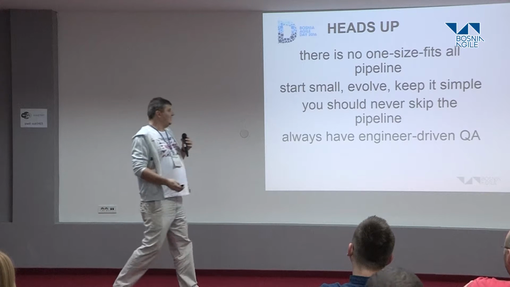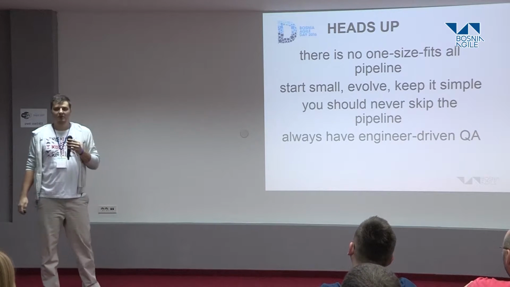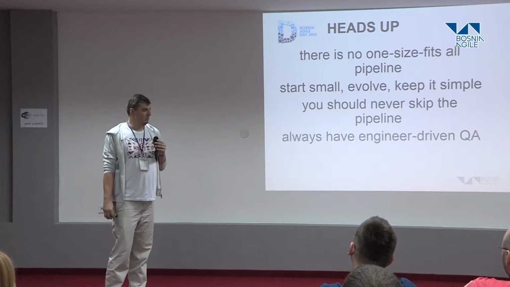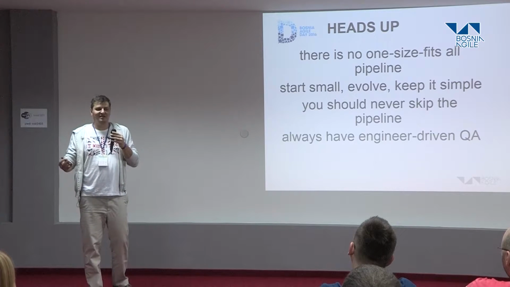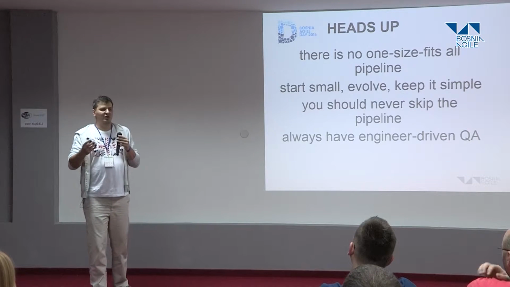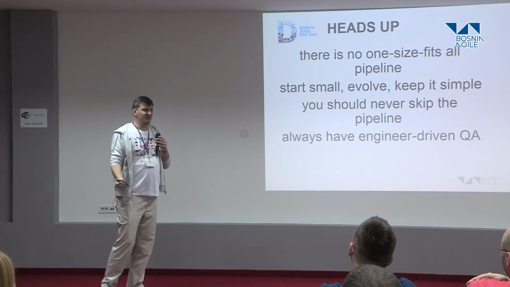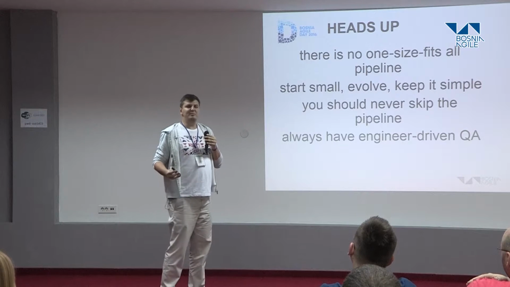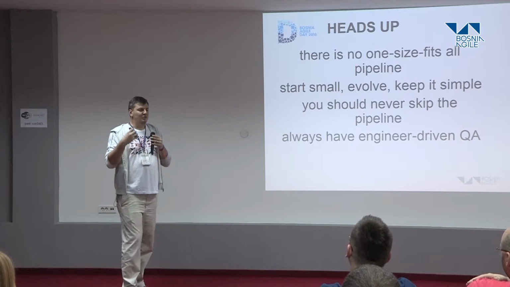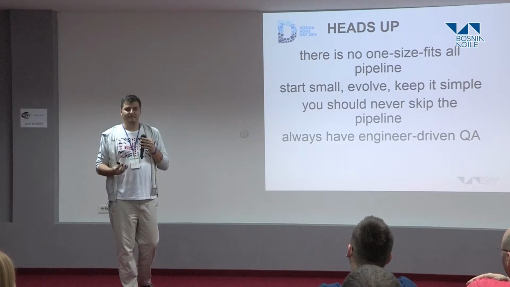And you always need engineer-driven QA. I enjoy automatic testing and clicking frameworks, the ones where you record, like Selenium Recorder, and you record the interaction with the system. But those just build repeatable tests that let you know that those features you tested are OK.